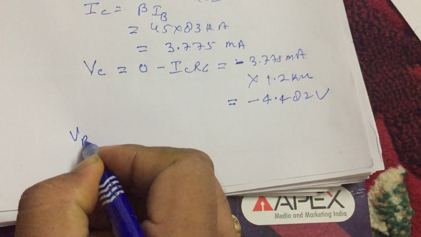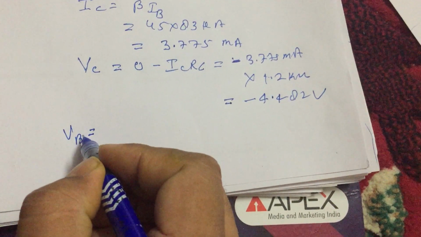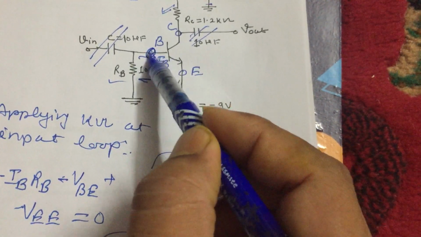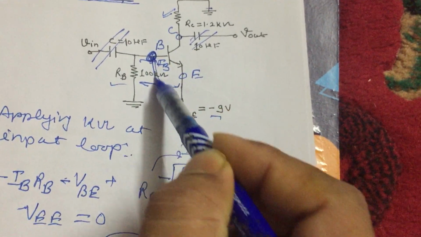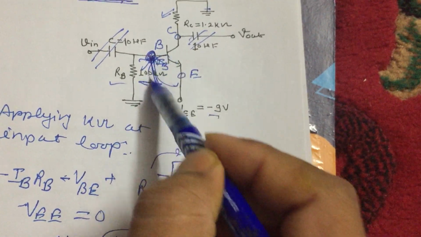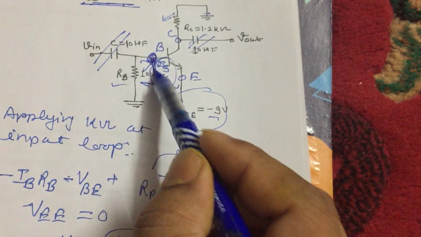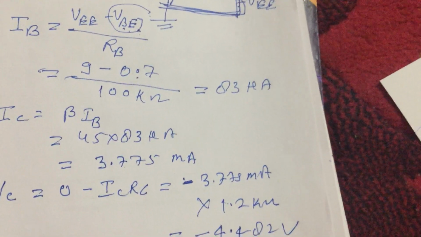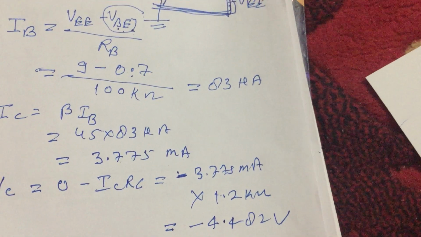Second, we calculate VB. This is VB. We have to find the voltage across this. So here are VBE and VEE. There are two voltages, so we can add them. This is VBE plus VEE.